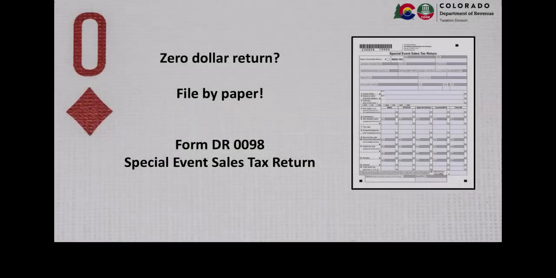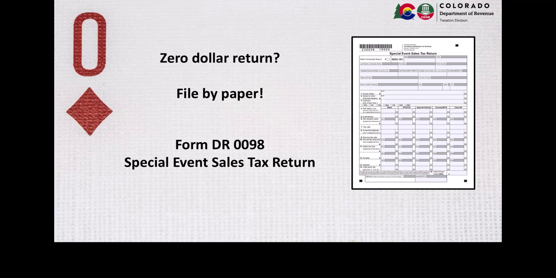filings. Before we proceed to Revenue Online, we'd like to remind you that Revenue Online does not accept $0 returns for special events. If you are filing online, you must report at least $1 in sales.